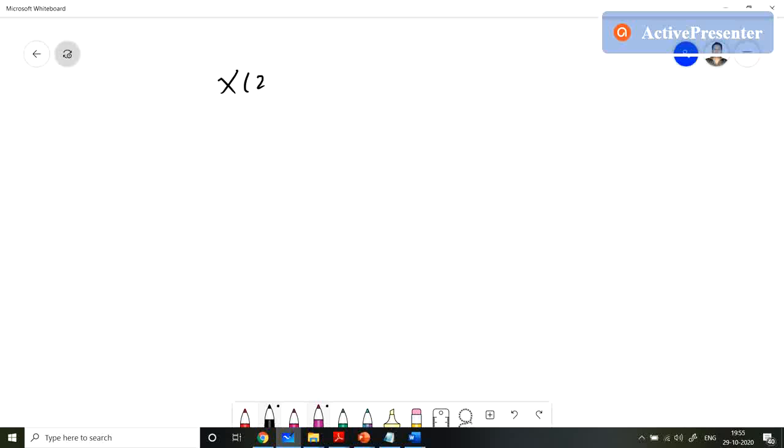So X(z) we are getting as z squared, then 1 by 2 z, minus 5 by 2 z raised to the power minus 0. We can say that it is plus z raised to the power minus 1, because z raised to the power minus 0 is equal to 1 only.